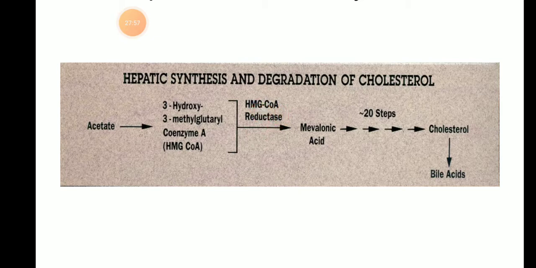From mevalonic acid, via almost 20 steps, it is ultimately converted to cholesterol. So a diet rich in saturated fat increases serum cholesterol mostly by down-regulating hepatic clearance, whereas a diet predominantly of unsaturated fat is generally associated with lowering cholesterol levels.